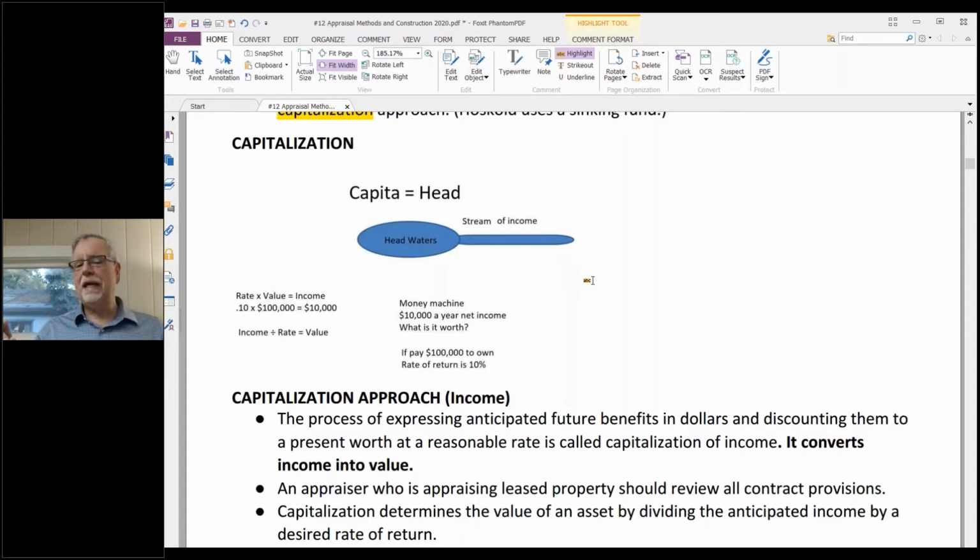Well, that would depend upon how big is the stream of water that comes out every day, every week, every month, every year, and how long is it likely to keep doing that. So if an investor is buying a 14-unit apartment building, essentially they're buying the headwaters, right? They're buying the lake from which the river of income, hopefully the stream of income, is going to flow in the future.